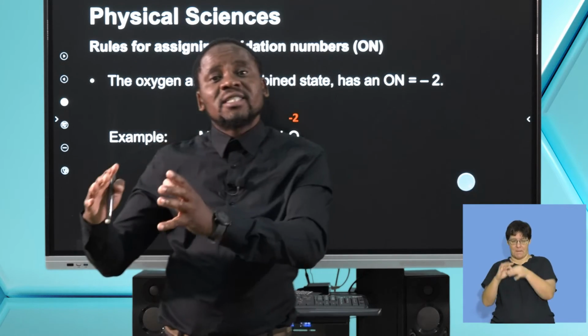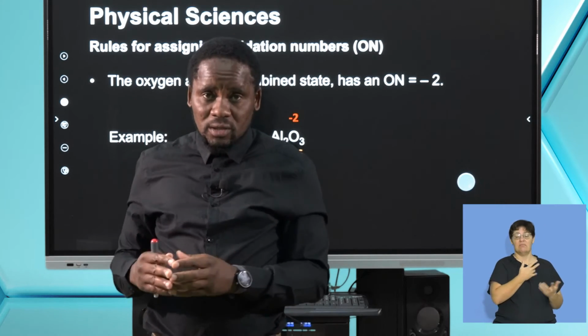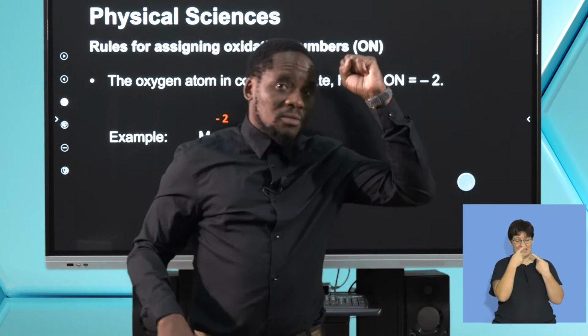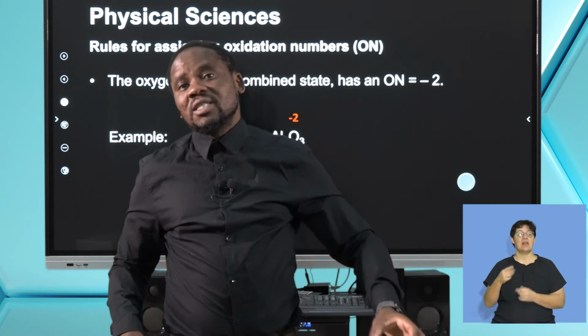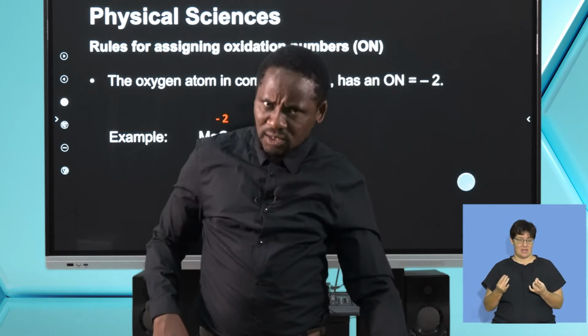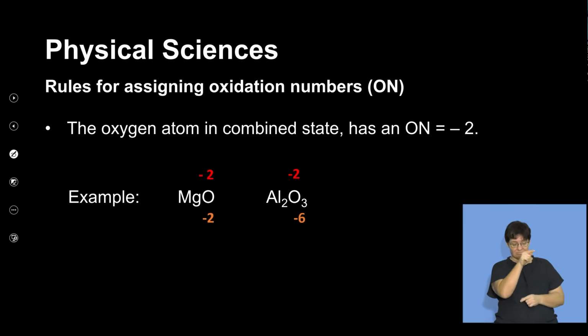But in a combined state, we are talking of oxygen while it is in a compound. So take note of the difference. As a molecule of an element, its unit oxidation number is 0, but in a combined state, which is what we are focusing on, it's -2. Take note of that. Magnesium oxide is a practical example of oxygen in a combined state.